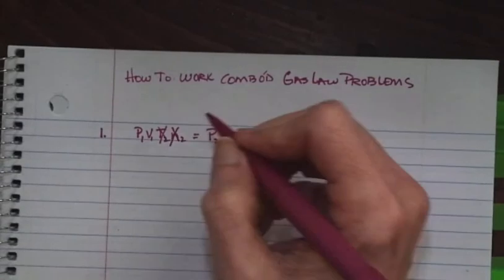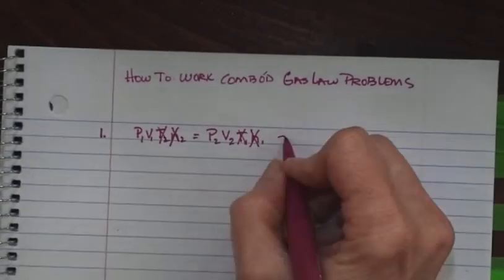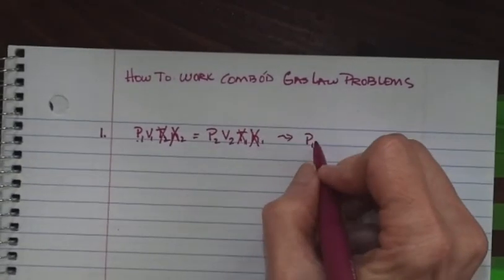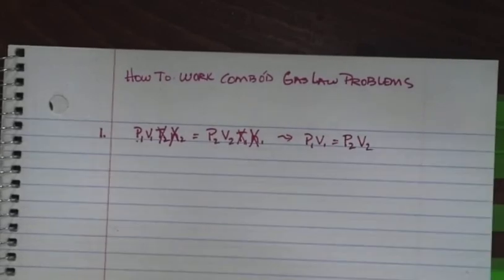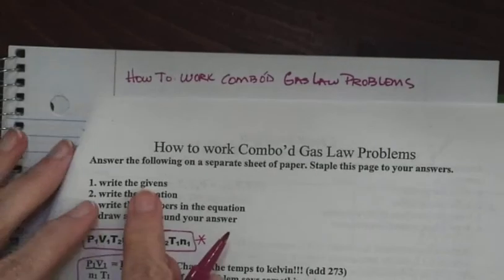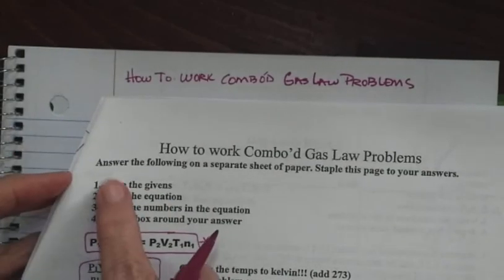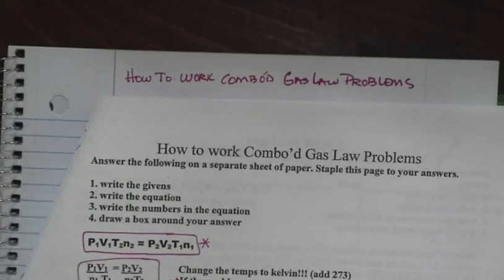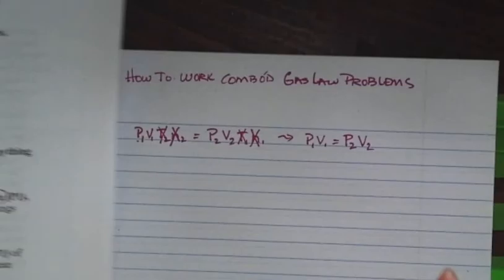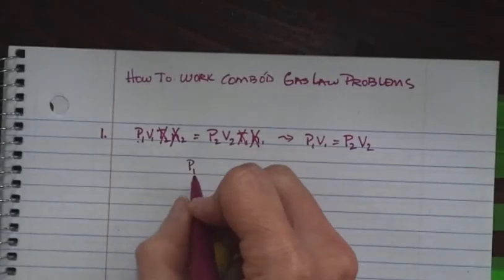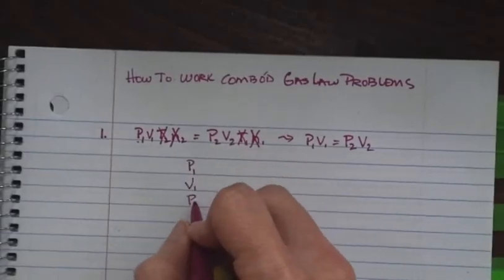So my equation now becomes P1V1 equals P2V2. Now I can write my givens here. Now I kind of swap numbers 1 and 2 around, just depends on how I'm working at it, but I'm going to write the givens. So here I've got V1 and P1. So I'm going to put P1, I'm just going to make a list, V1, P2, V2.